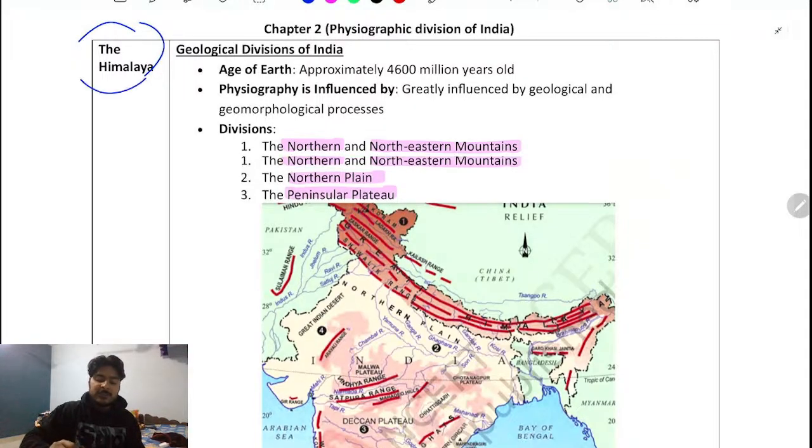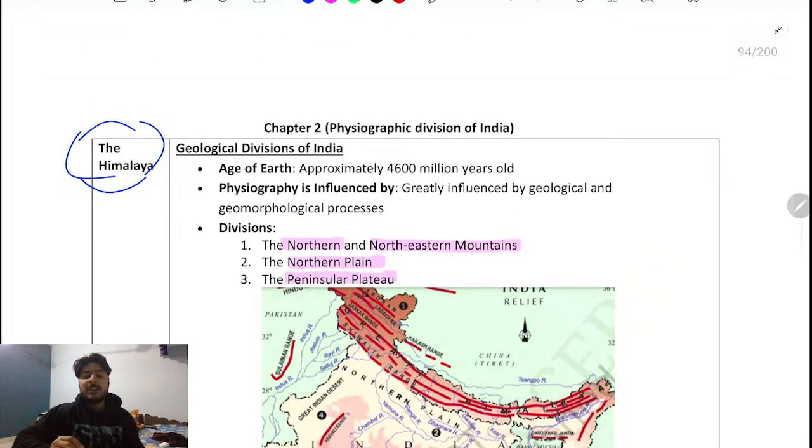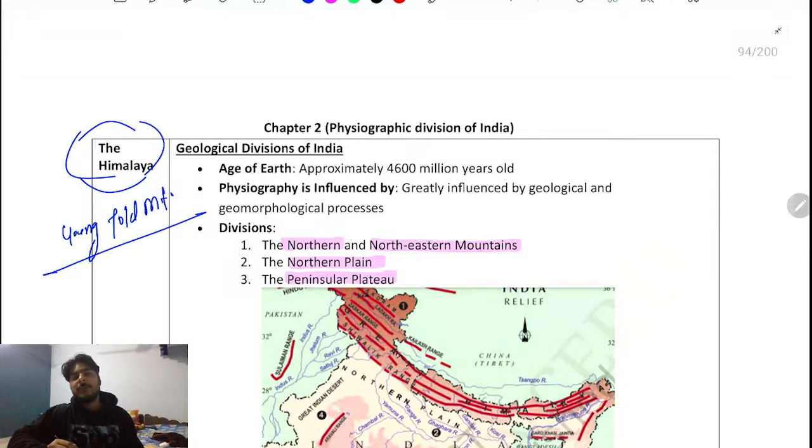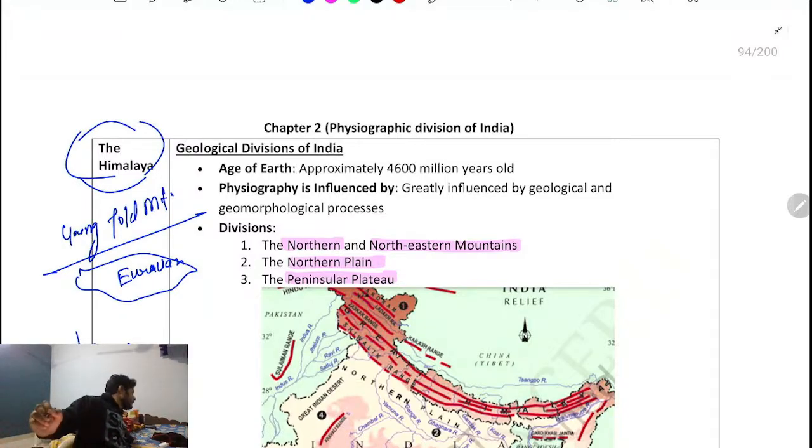What we have studied about the Himalaya till now is that it is a young fold mountain. The Himalaya has been formed because of the Indian plate and the Eurasian plate.